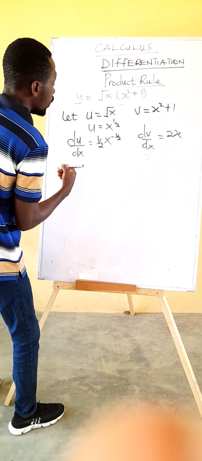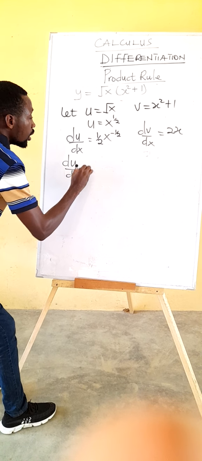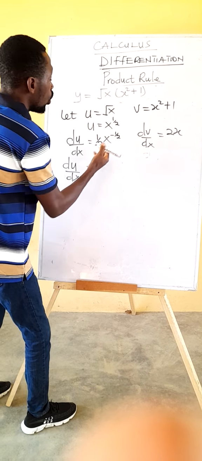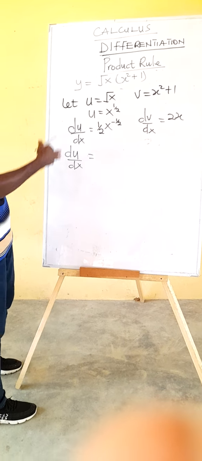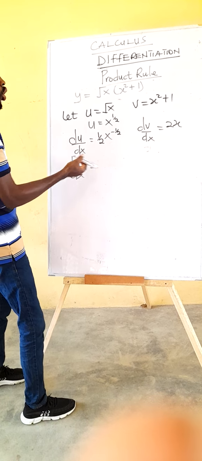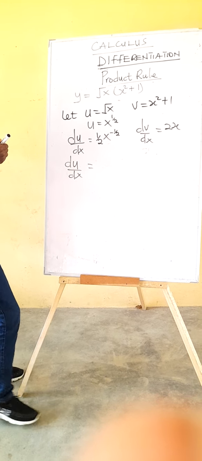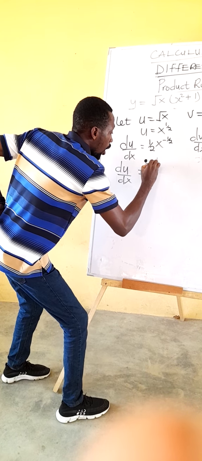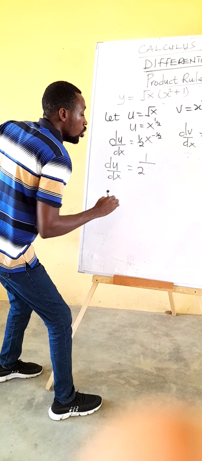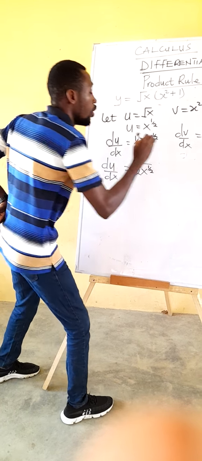Now we can polish this du over dx. That will be equal to, you know, anytime a number is being exponented by a negative, you can rewrite it in an indices form. There is one video on indices. You check it out. So this can be written as 1 over 2 x exponent half.